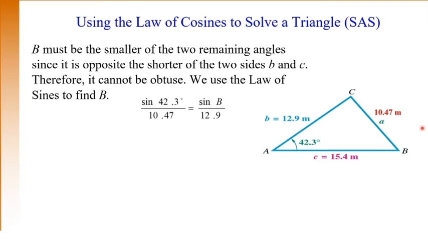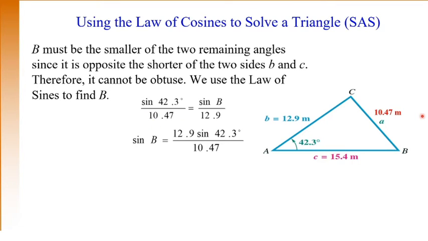So we can use law of sine: 10.47 over sine 42.3 degrees is equal to 12.9 over sine B. Or we can use what's on the screen, which is sine 42.3 over 10.47 is equal to sine B over 12.9, since we're looking for angle B. Cross multiplying, we have 12.9 times sine 42.3 divided by 10.47.